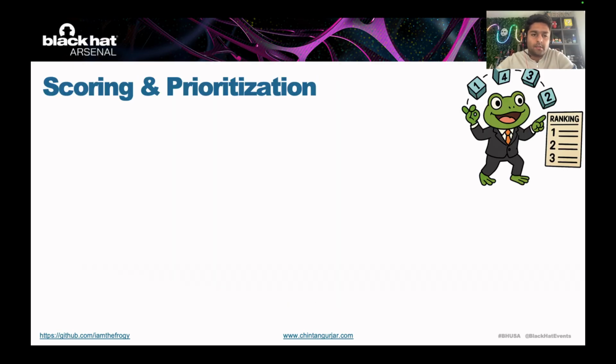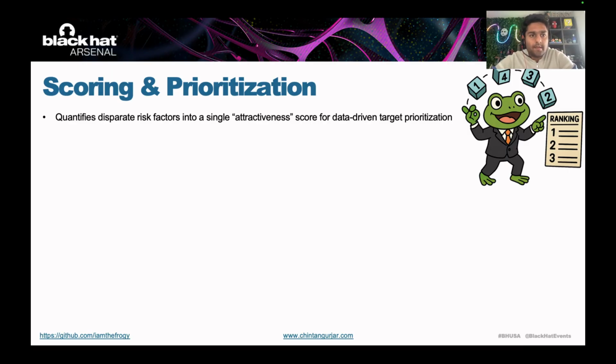So how does the scoring and prioritization work? Basically, once I have every single piece of information, I'm quantifying the risk by looking at multiple attractiveness factors. The sole reason to create this tool was also inspired by bug bounty hunters.